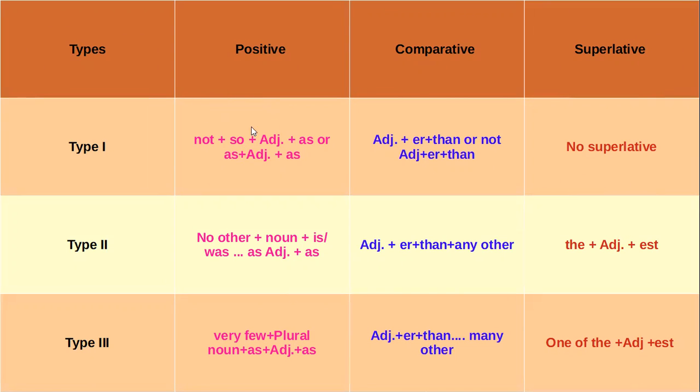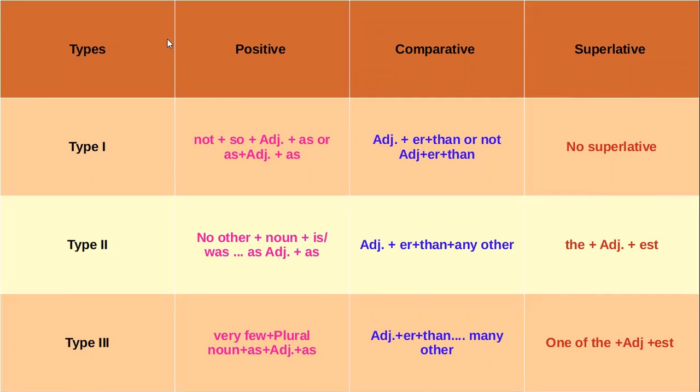Next, we are going to see the structure of the degrees of comparison. By using this, we can frame sentences easily. For example, type 1 in positive: not plus so plus adjective plus as, or as plus adjective plus as. In comparative: adjective plus er plus than, or not plus adjective plus er plus than.